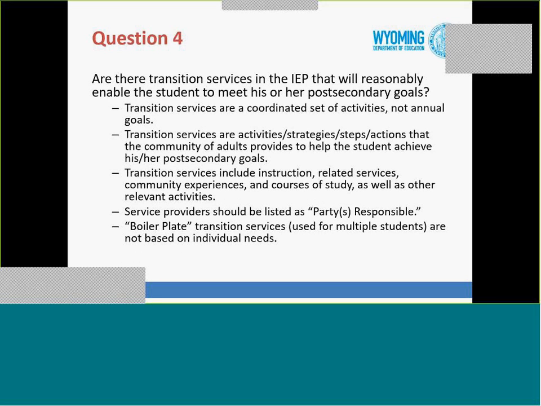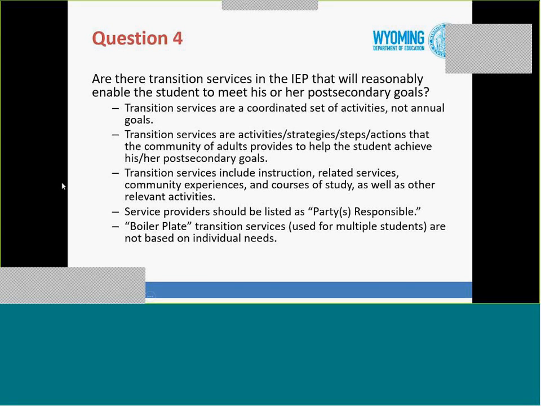Question 4 from the checklist, are there transition services in the IEP that will reasonably enable the student to meet his or her post-secondary goals? Transition services are a coordinated set of activities, not annual goals. Transition services are activities, strategies, steps, actions that the community of adults provides to help the student achieve his or her post-secondary goals. Transition services include instruction-related services, community experiences, and courses of study, as well as other relevant activities.